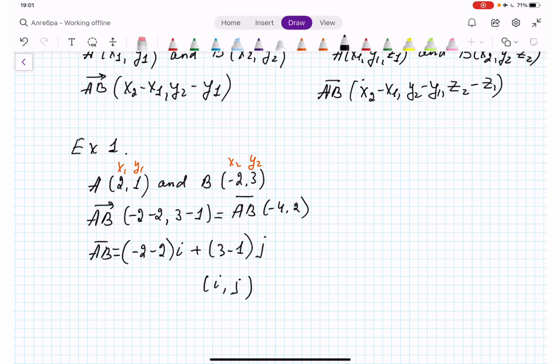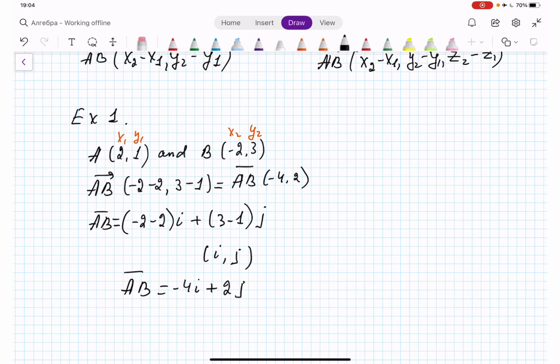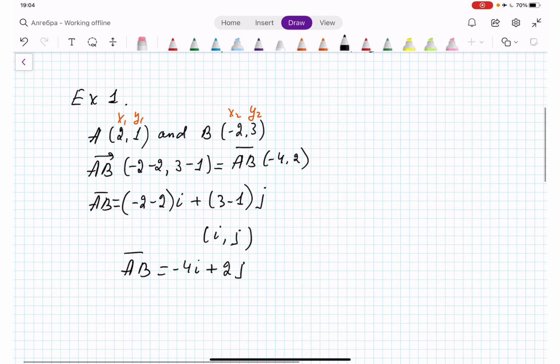In this case, AB in the format of i and j is -4i plus 2j.